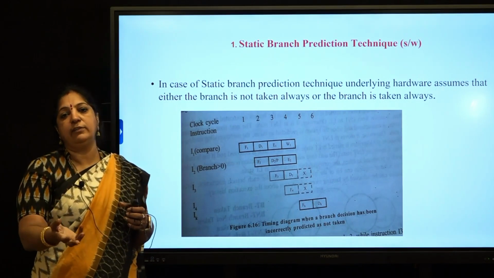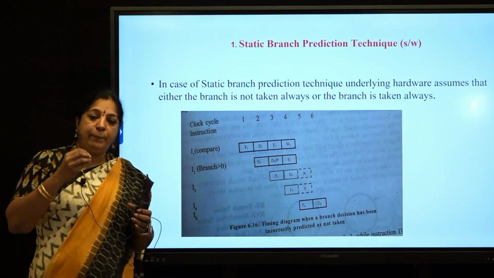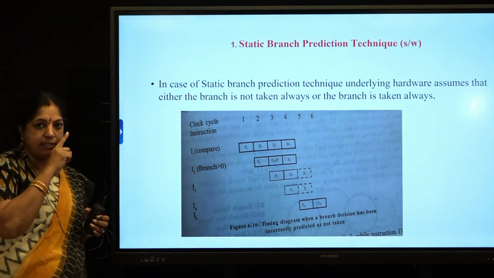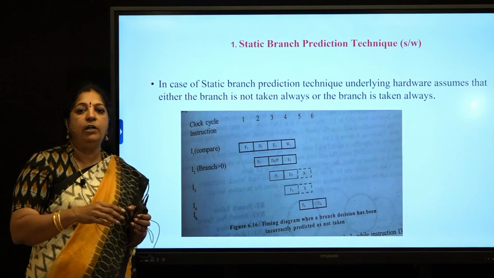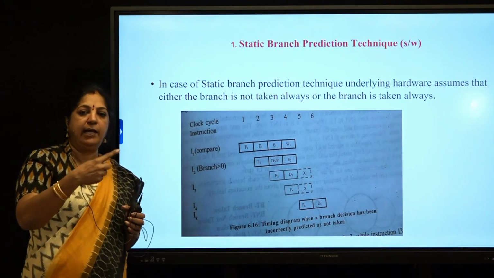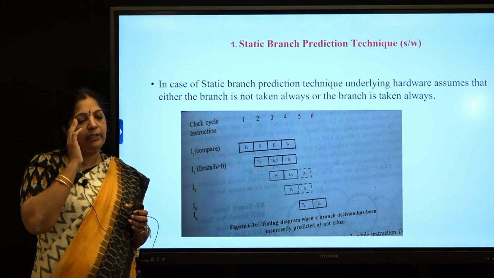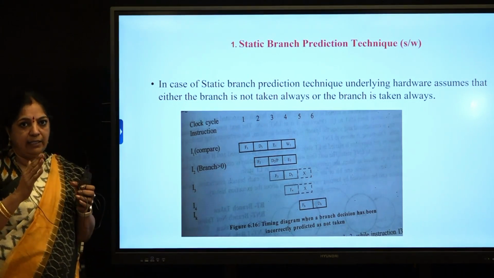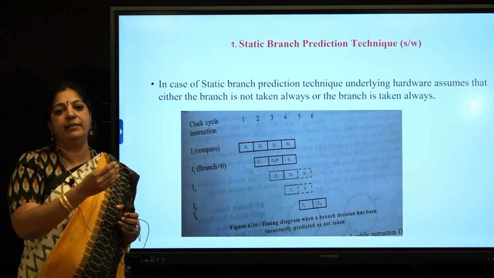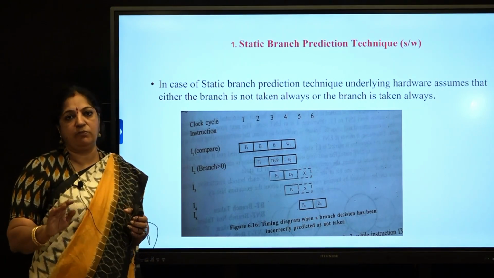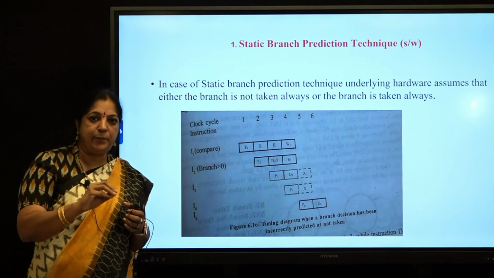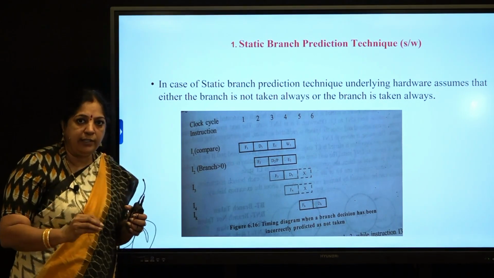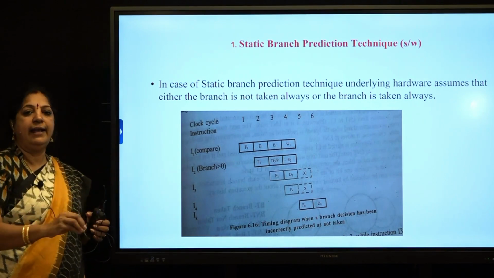There is no change: it assumes that there is a branch instruction within the instructions, and with that prediction, the system and logic are designed to handle it accordingly. Suppose it predicts there will not be a branch in the instruction, then accordingly it has to handle it that way only.